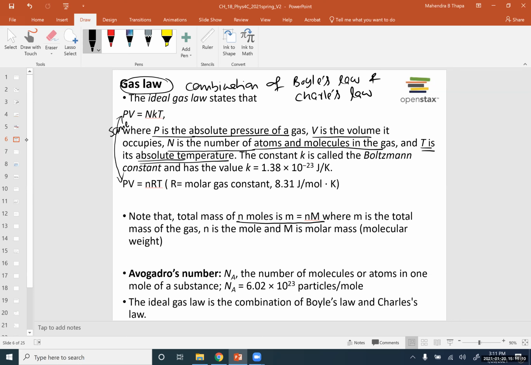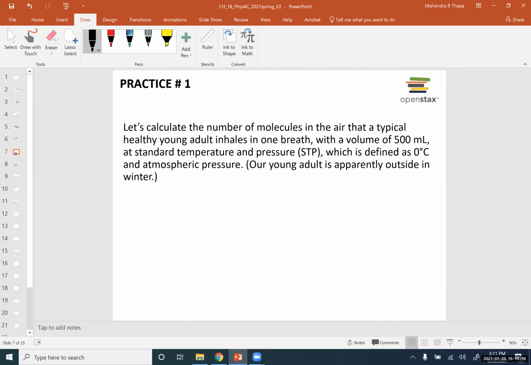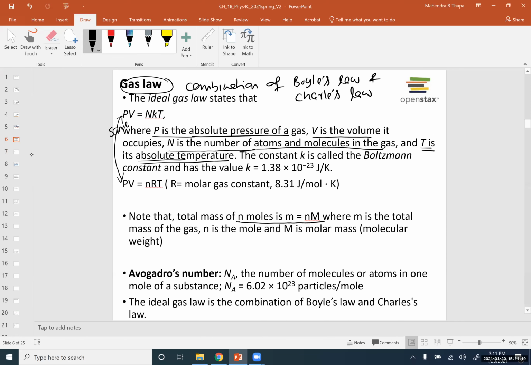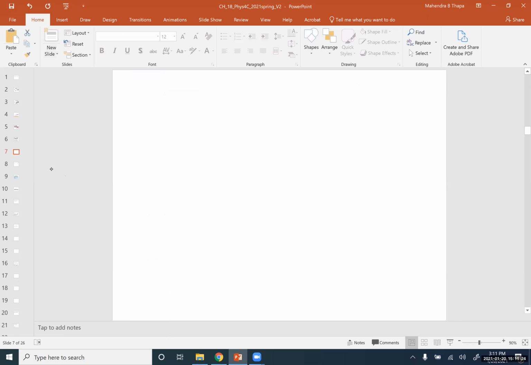So we saw two equations, PV equals NkT and PV equals nRT, in two different forms. These are the same equation, but this is true only for an ideal gas.